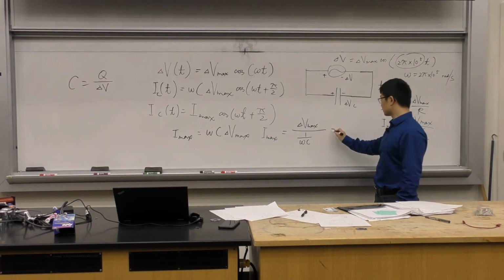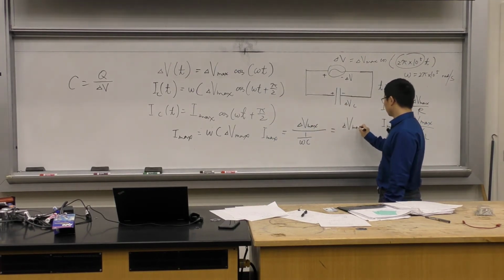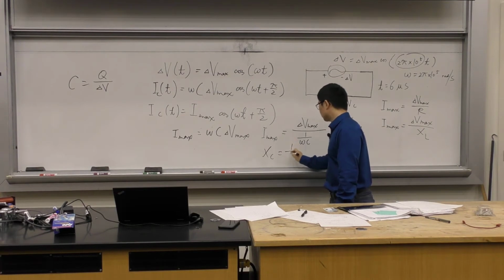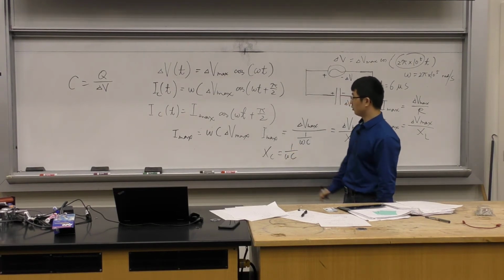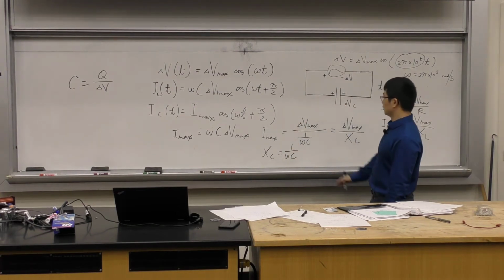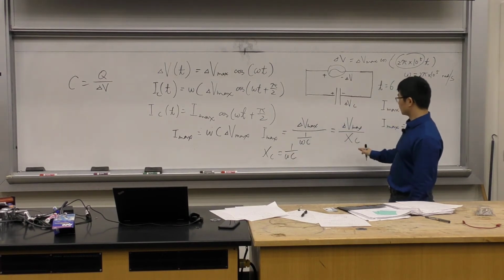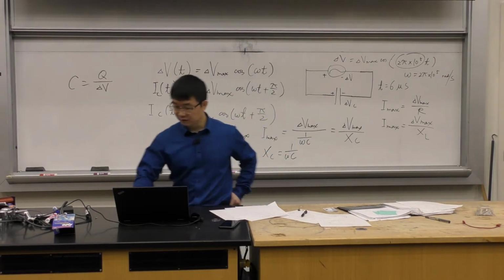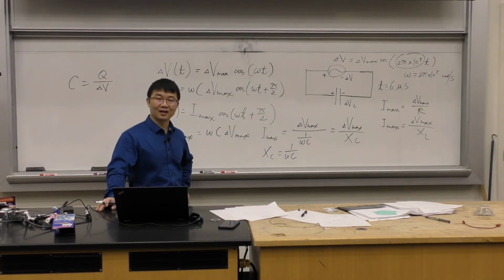Now I'm going to call this guy XC. XC is defined as 1 over omega C. And once you have all these definitions, you see that Imax equals Vmax divided by XC, which is pretty much like the equivalent resistance of a capacitor in the AC circuit.